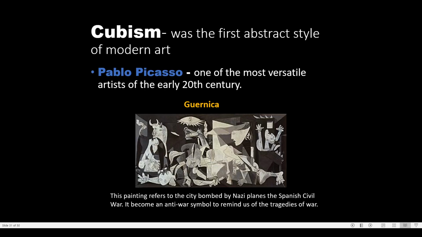Guernica refers to the city bombed by Nazi planes during the Spanish Civil War. It became an anti-war symbol to remind us of the tragedies of war. So, ayan, ginawa nilang yan, Guernica, Cubism.